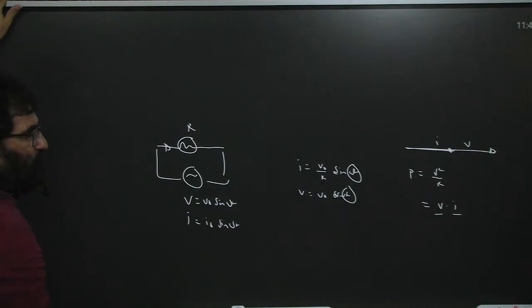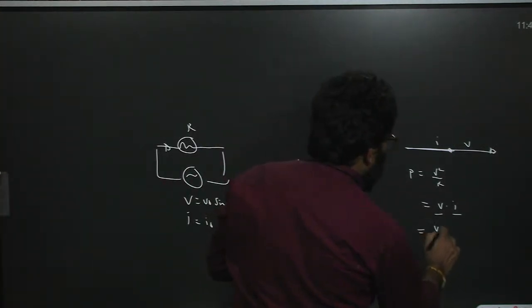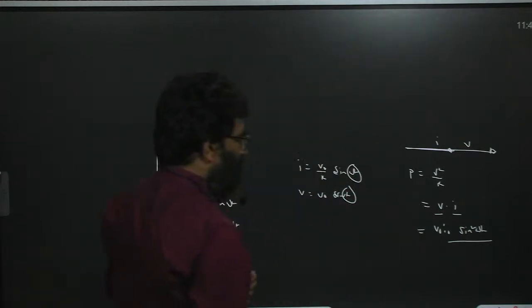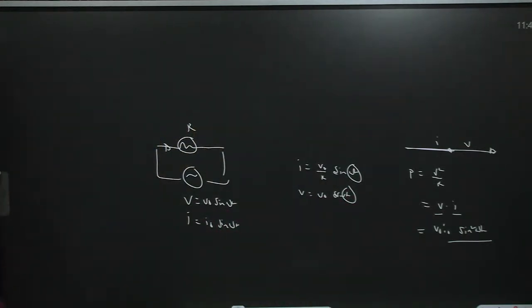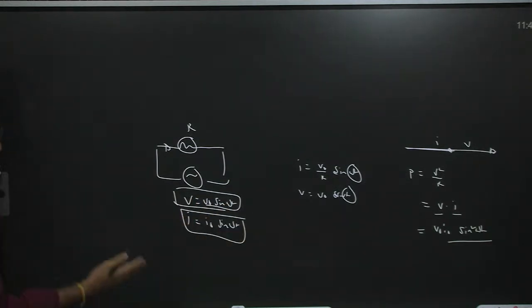It is V naught I naught sin square omega t. Now, before coming to this, V is equal to V naught sin omega t, I is equal to I naught sin omega t, or you can take cos omega t also.